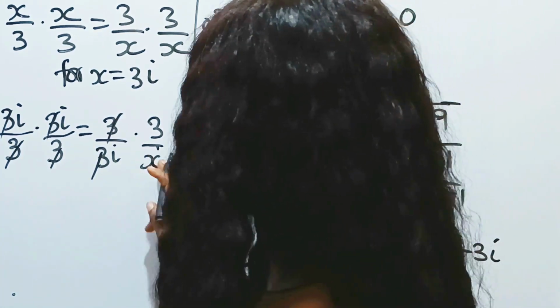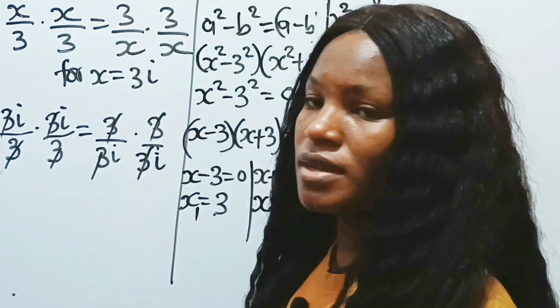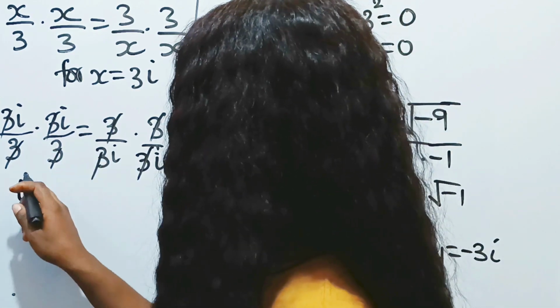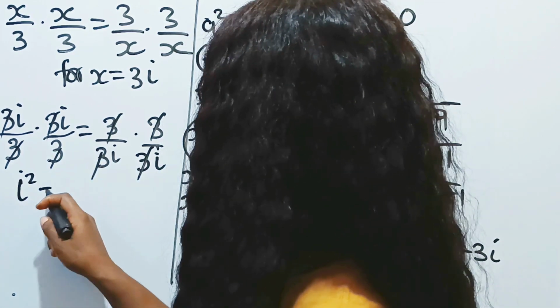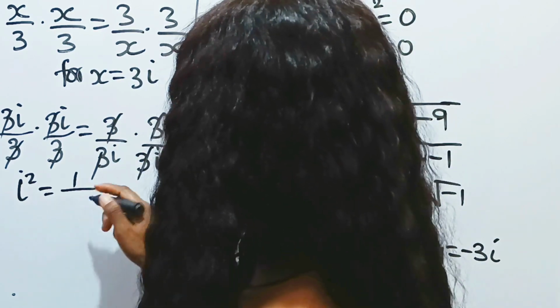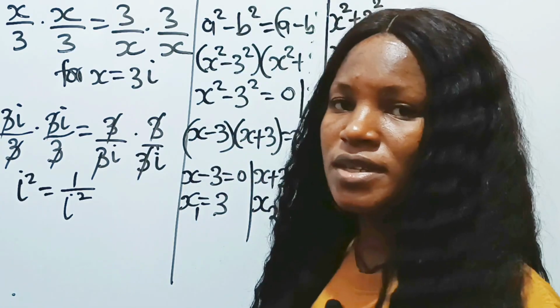All right, sorry, this is 3i and this will cancel this as well. Okay, so what do we have here? i multiplied by i, which will give us i squared, is equal to 1 times 1, which is 1, and i times i will give us i squared for this side.